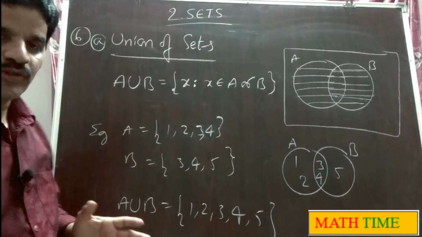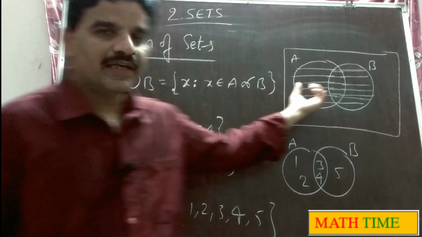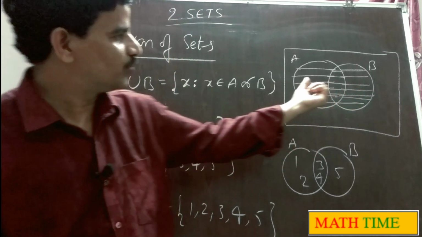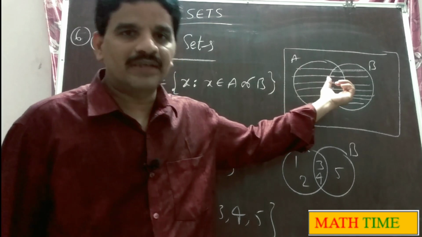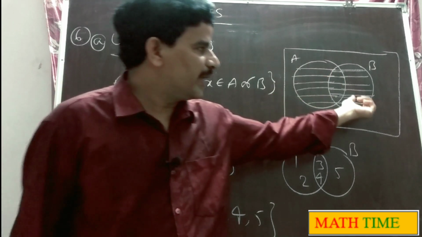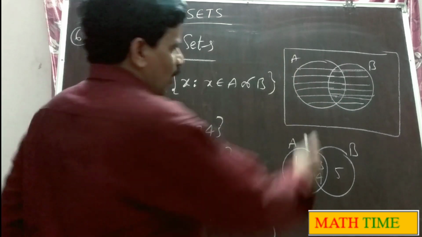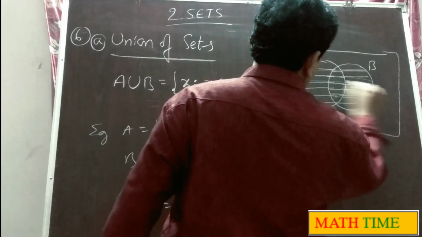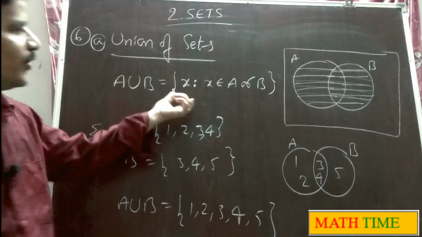Common elements should be taken only once, not twice. This shaded region is the union of two sets, A union B. A union B means all the elements of A and B, with the common element taken only once. Therefore all elements together should be written in the set A union B.